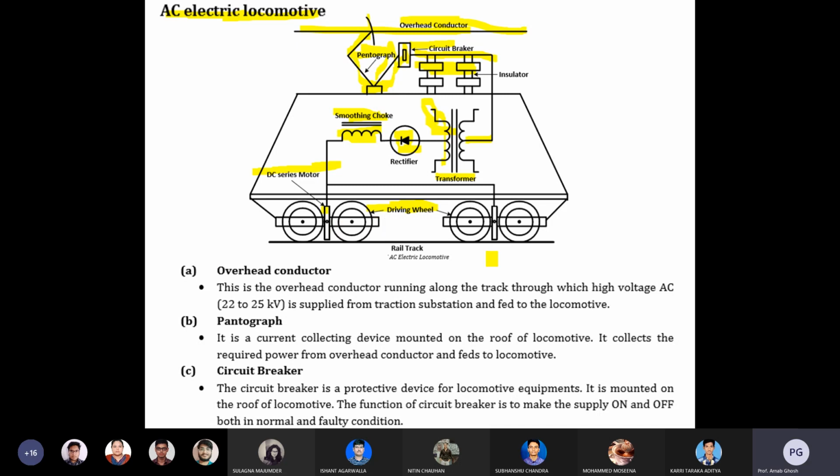So what are the most important points? Here you can see the railway track, the returning path, in AC electric locomotives. An important point is the overhead conductor. The conductor voltage is 20 to 25 kilovolt.